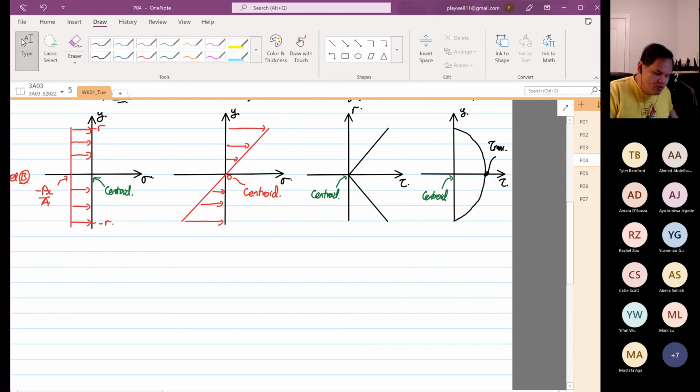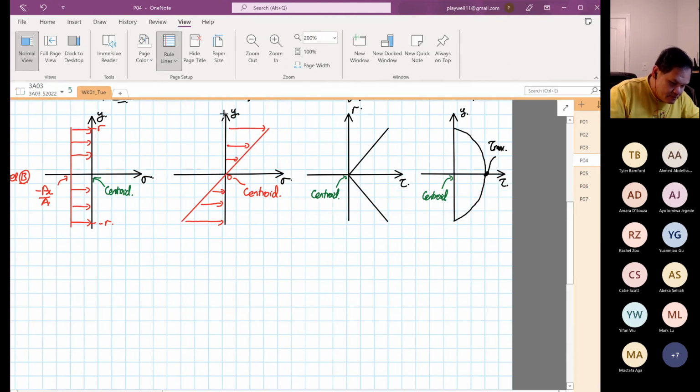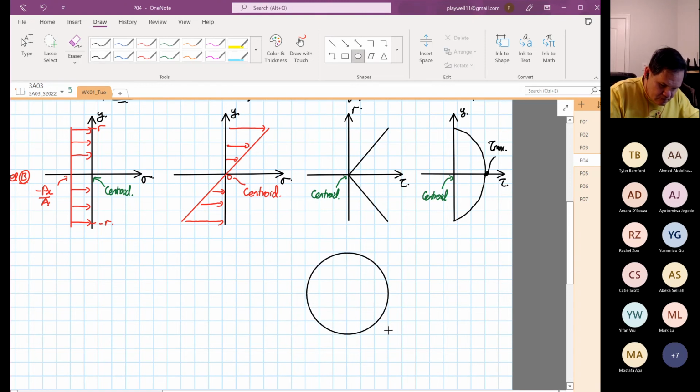So let's visualize how the torque has been applied. I'm going to draw the shaft again. The torque in the X direction is going to be in this direction, so all the shear stress will go this way.